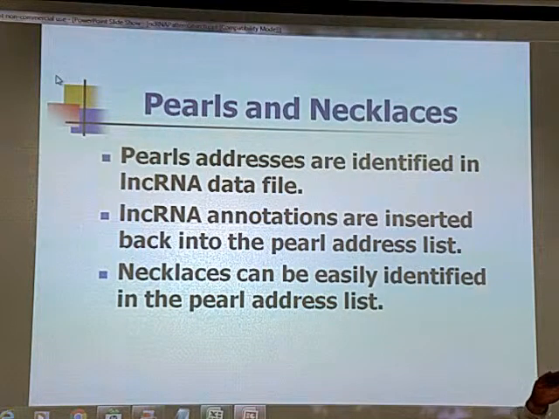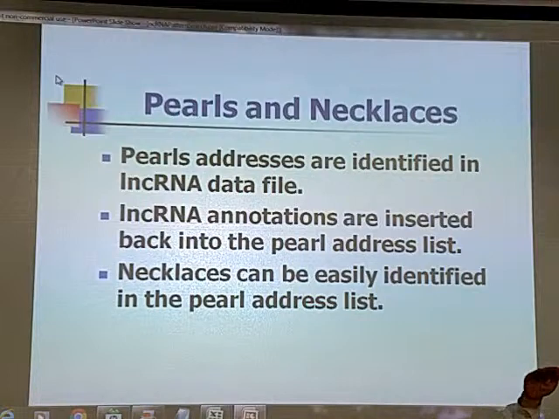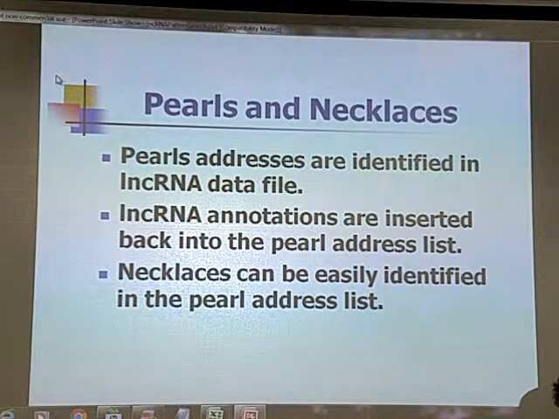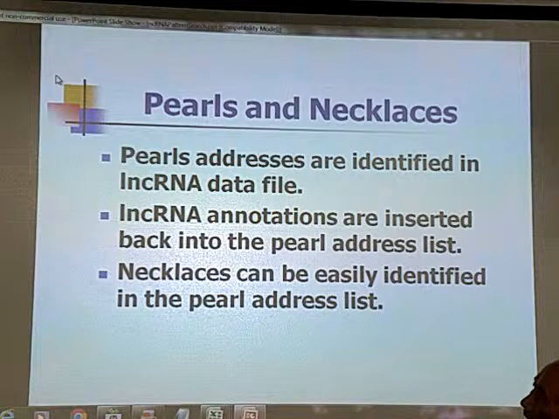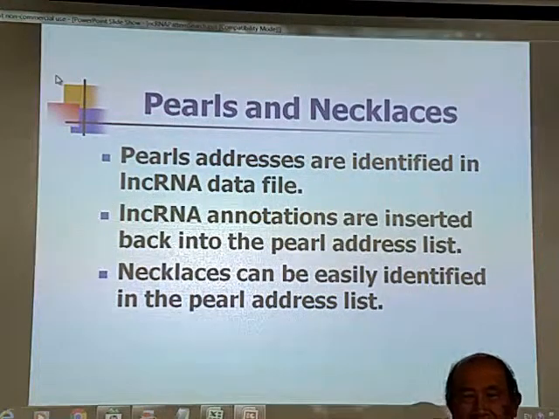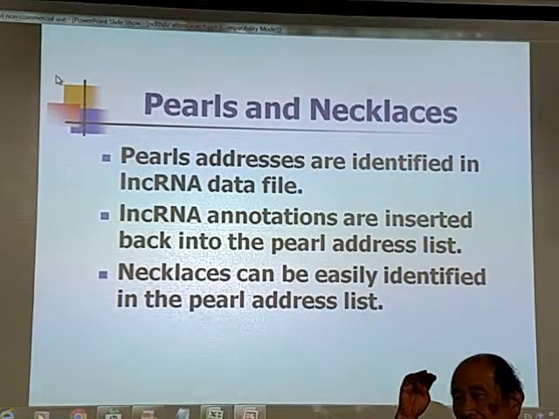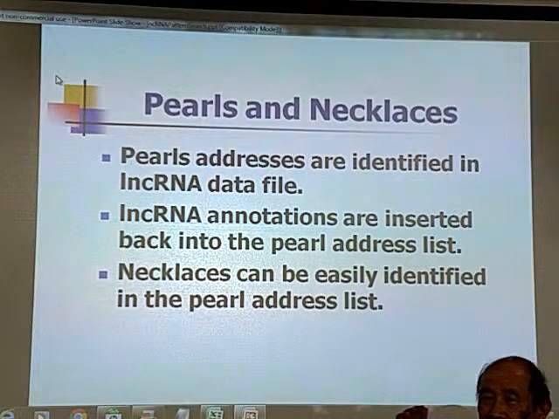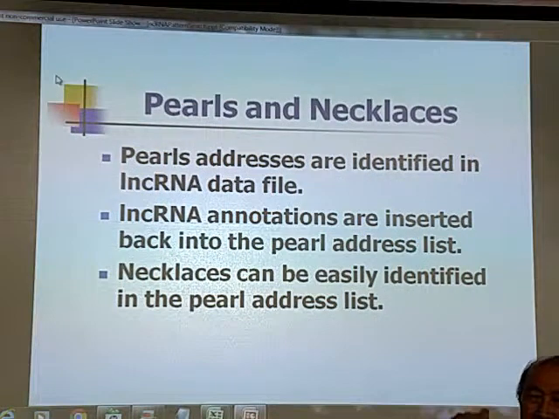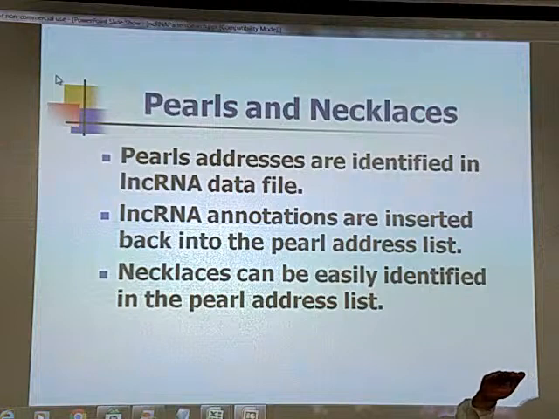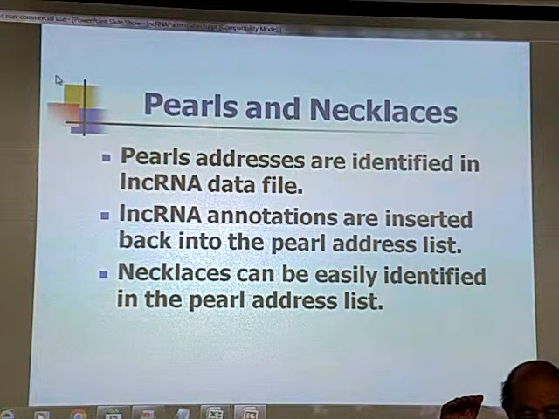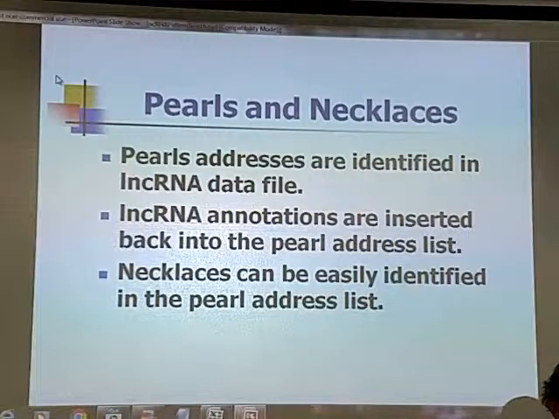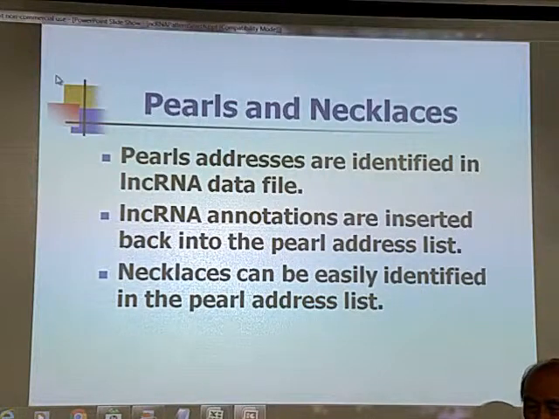And once I identify all the pairs, I would reinsert the annotation that indicates where the individual long non-coding RNA starts. And if I reinsert this back, you can see, okay, here is a long non-coding RNA, and from the beginning or the end, how many of the different pairs are in it.